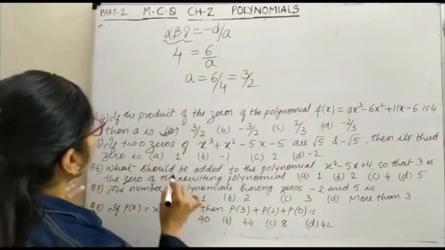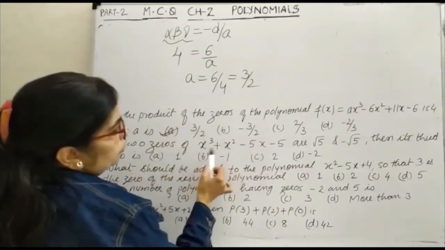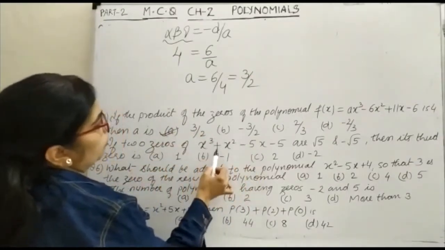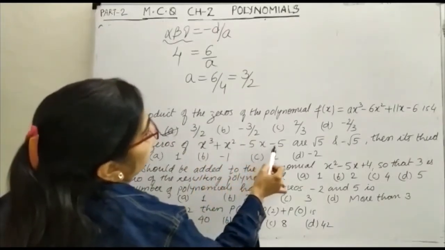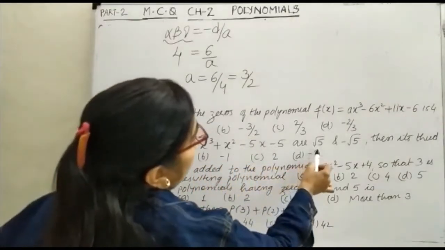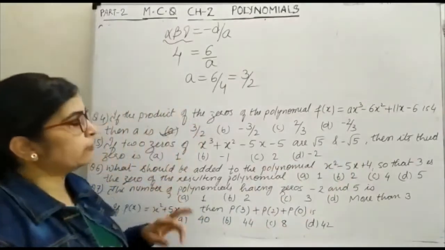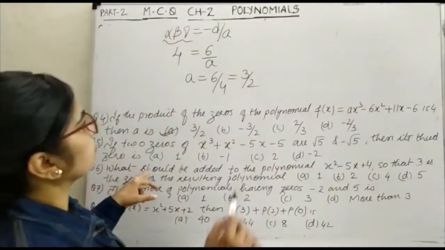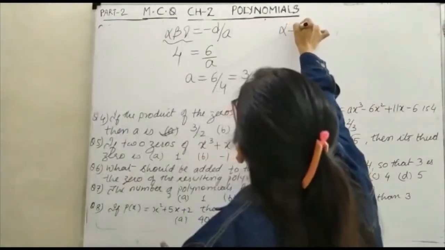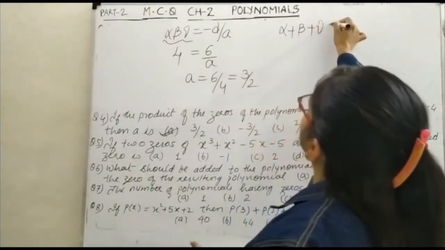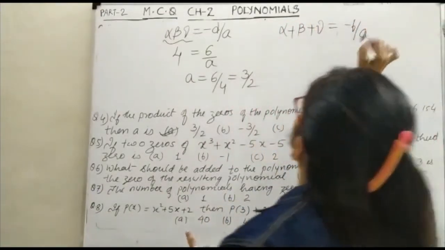For the next question, if two zeros of the cubic polynomial, that is x cube plus x square minus 5x minus 5, are root 5 and minus root 5, then its third zero is, so you know the format, alpha plus beta plus gamma is minus b upon a.